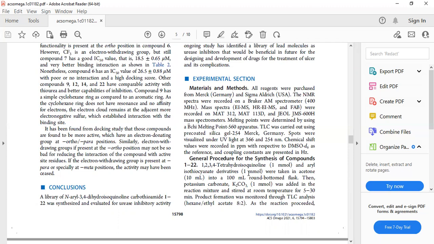Then potassium carbonate was added to the reaction mixture and stirred for 5 to 30 minutes. The product was monitored by TLC, and the system was hexane and ethyl acetate in a ratio of 80 to 20.